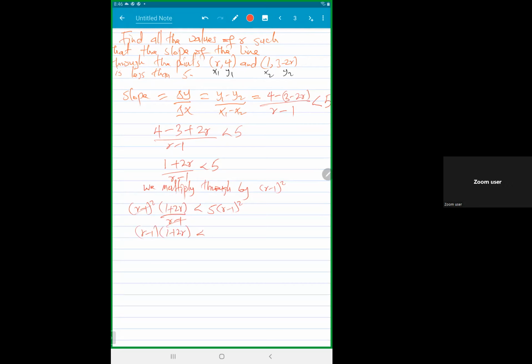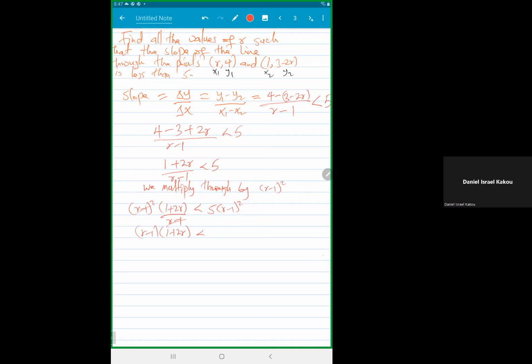Sure. Yes? Please, why did you square the r minus 1? Yeah, so I was explaining that in inequality expressions, anytime you have a rational expression like we have here, which is 1 plus 2r divided by r minus 1, the assumption is if we are dividing through by something and that thing is negative, it changes the inequality sign.